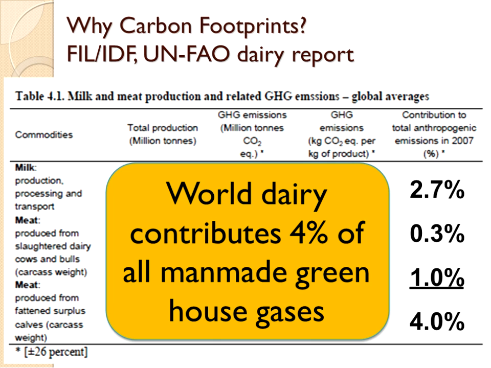So to put the dairy industry in perspective, this was from an FAO report which really launched the whole issue related to dairy production. The FAO estimated that the dairy industry in the world contributes about 4% of all the man-made greenhouse gases into the atmosphere. So, on the one hand, 4% is a pretty small percentage.